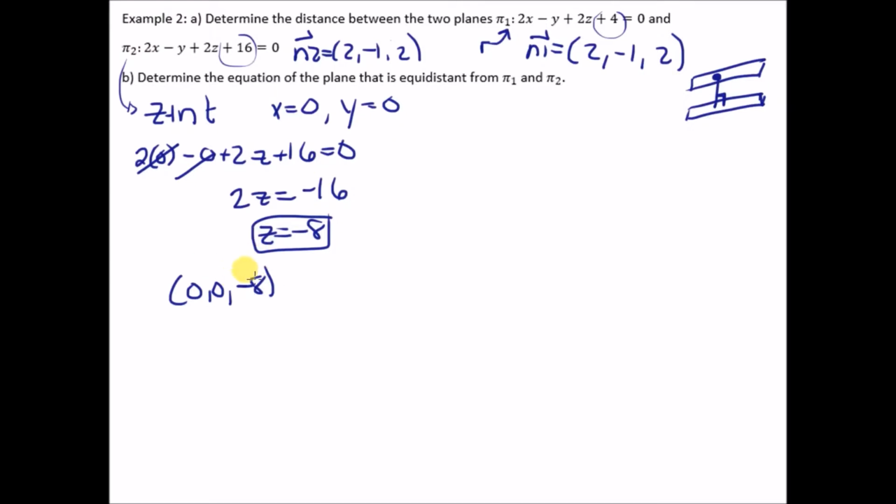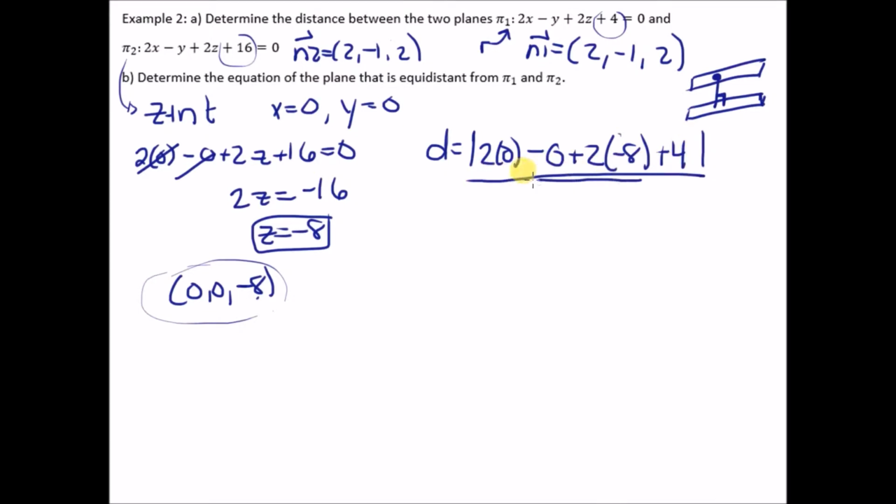What we can do now is find the distance between this point and the other plane. Okay, so for the distance formula at the top, we just want to sub in 2 times 0 minus 0 plus 2 times -8 plus 4. And on the bottom, we are going to do a squared plus b squared plus c squared.